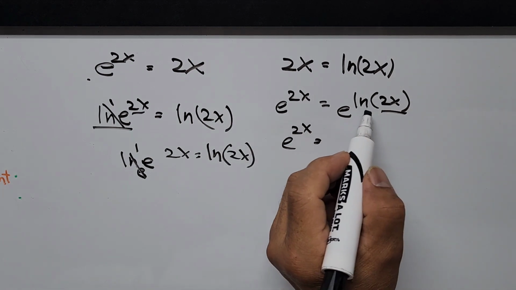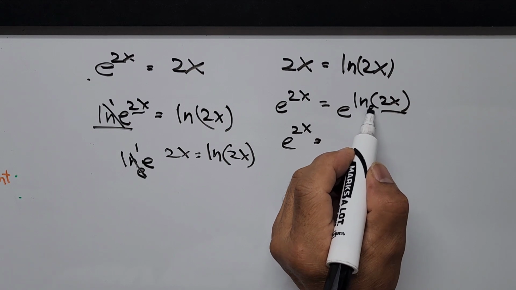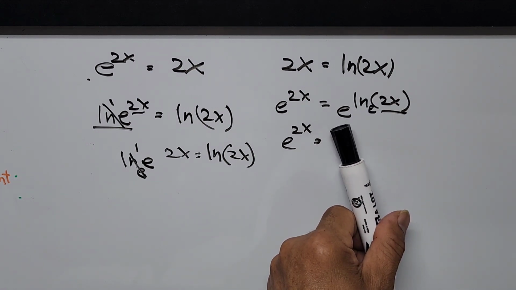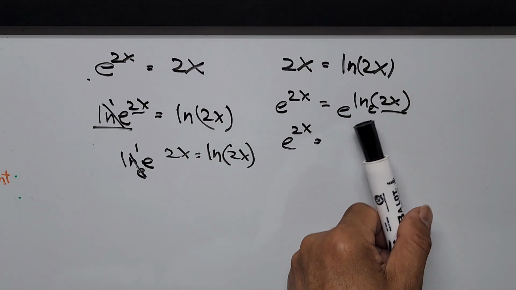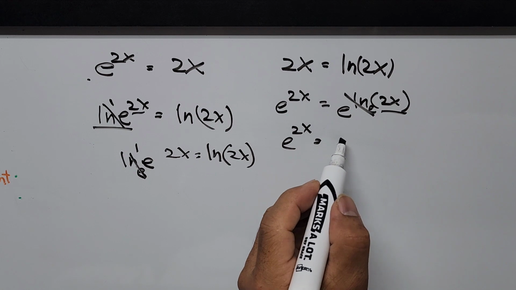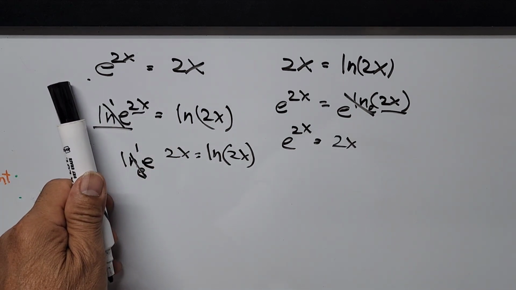Once again, these are inverse functions right here. So ln is base e and exponentiate with base e right there. So this is the exact inverse of each other. So it cancels each other. So we ended up with just 2x. So this is what we have started earlier.